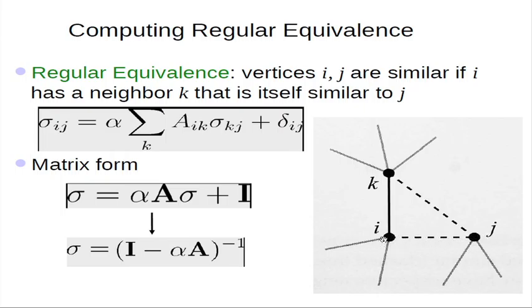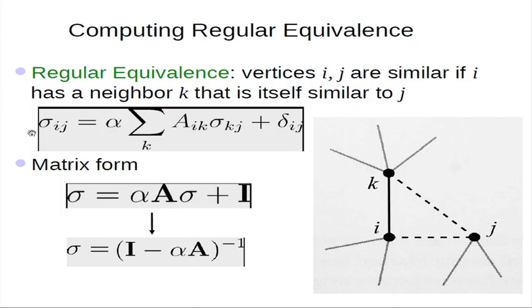Now, we know that there is an edge between i and k, and k and j are known to be regularly equivalent. K is a neighbor of i and k is known to be regularly equivalent to j. So, we define the regular equivalence between i and j in terms of the knowledge of the regular equivalence of j with k, and that i is a neighbor of k.